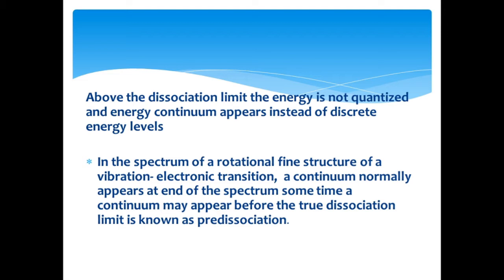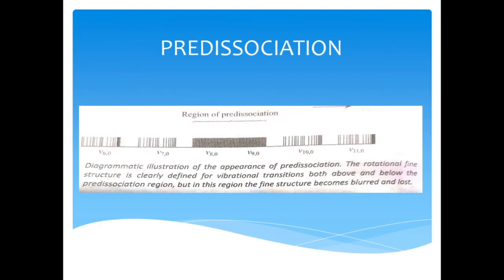In the spectrum of a rotational fine structure of a vibrational electronic transition, a continuum normally appears at the end of the spectrum. Sometimes a continuum may appear before the true dissociation limit, which is known as predissociation. As a result of dissociation of the molecule, normally we expect a continuum at the end.